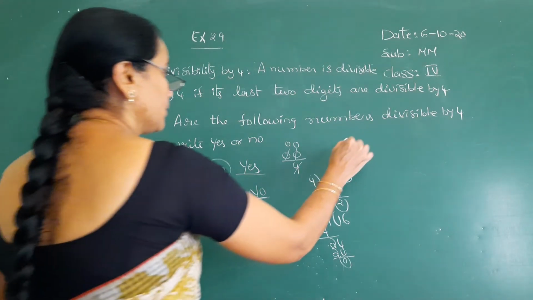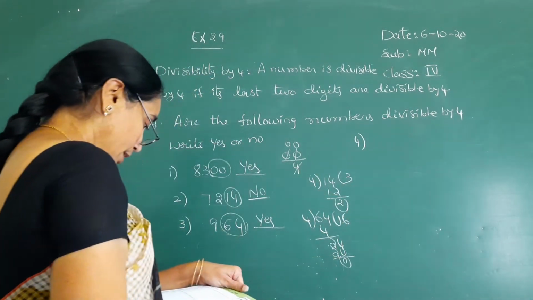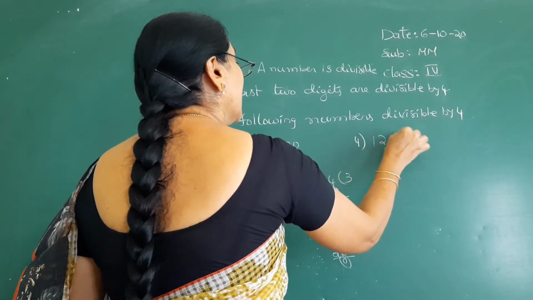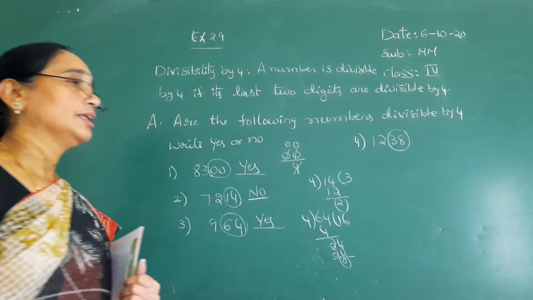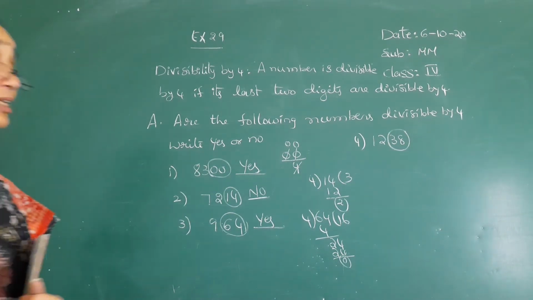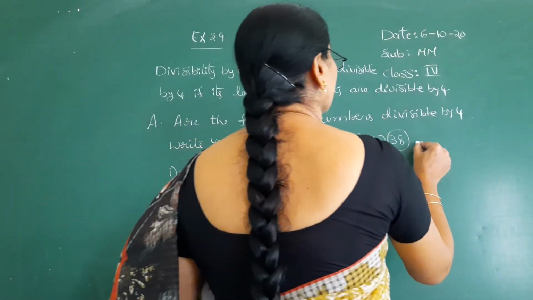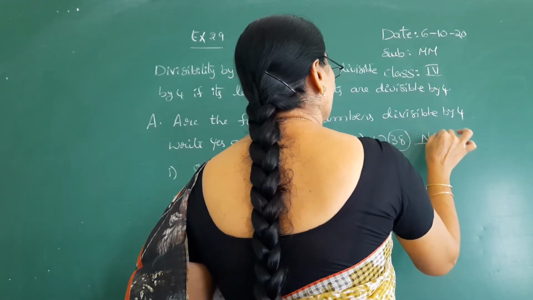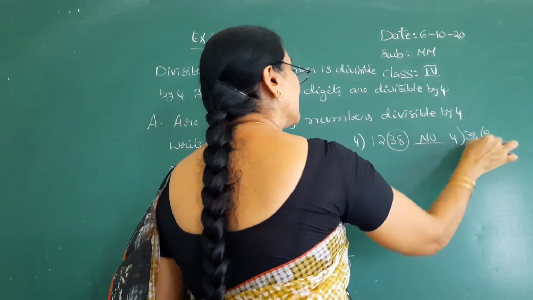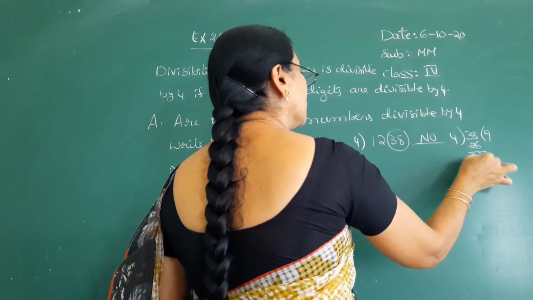See the fourth problem, 1238. You already know very well the fourth table. 38 is not in the fourth table. 36 is there, but 38 is not. So it is not divisible by 4. Once you can check: divide this by 4, 4 nines are 36, remainder is 2.